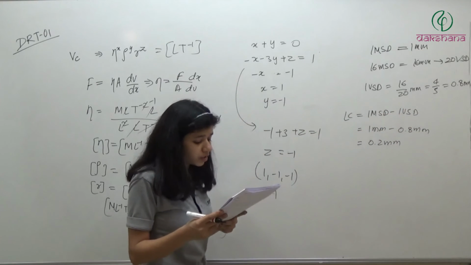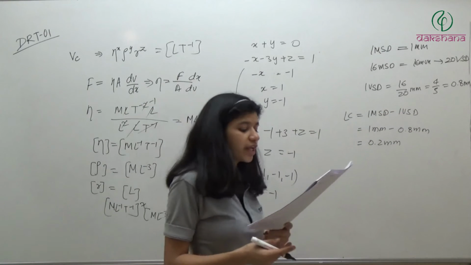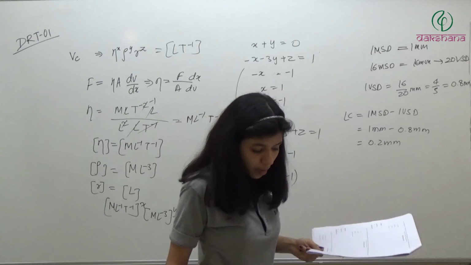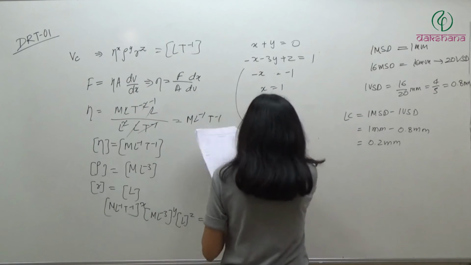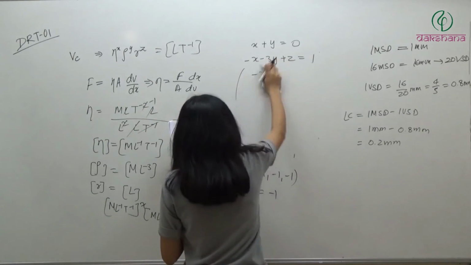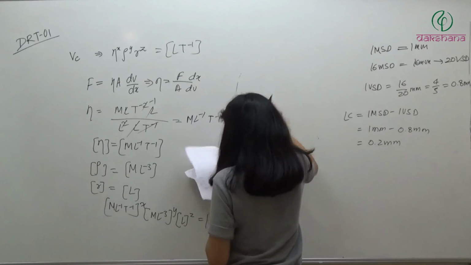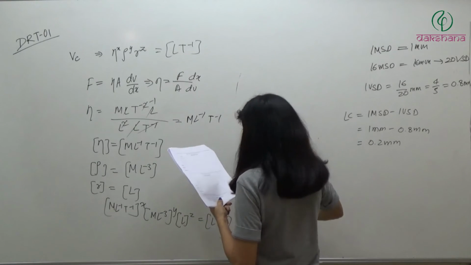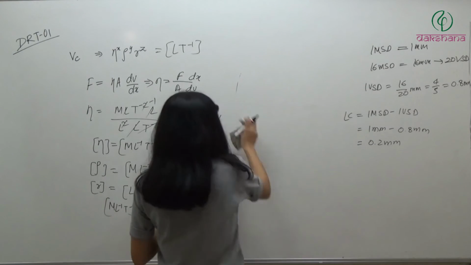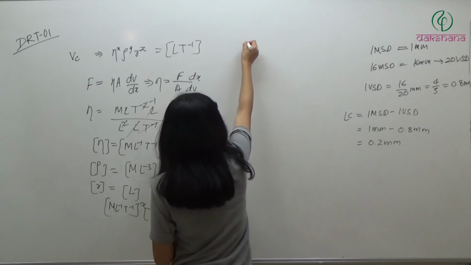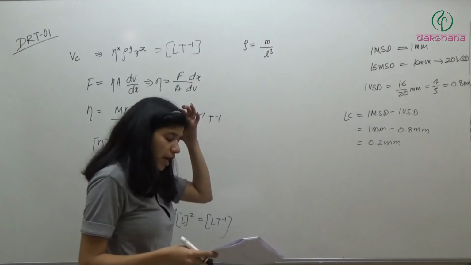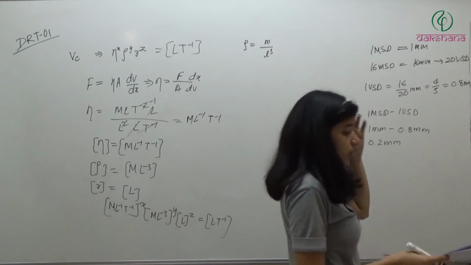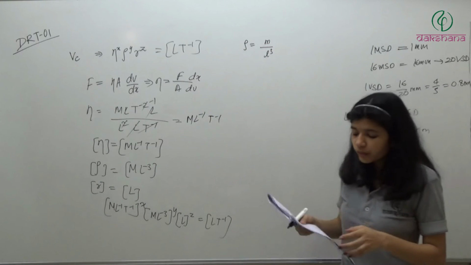Now question number 31. If the errors involved in the measurement of side and mass of a cube are 3% and 4% respectively, what is the maximum permissible error in the density of material? So density will be equal to mass divided by length cube, because what is the volume of a cube? L cube.